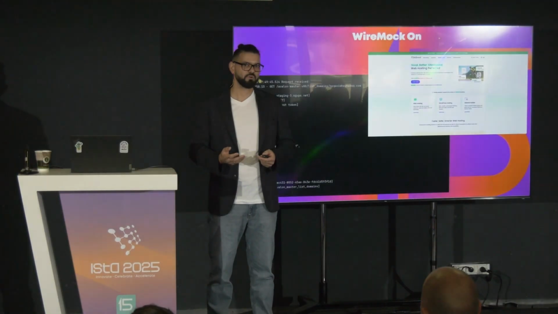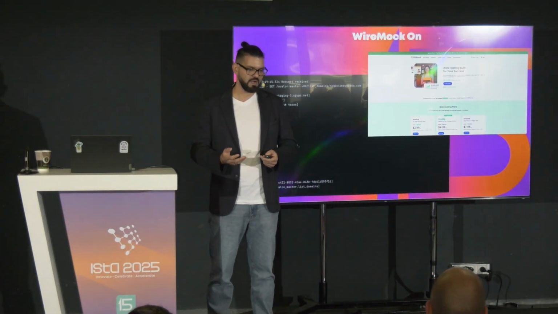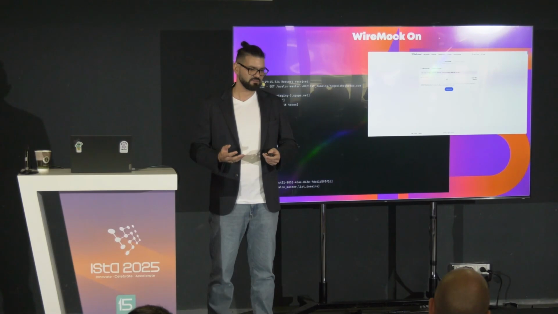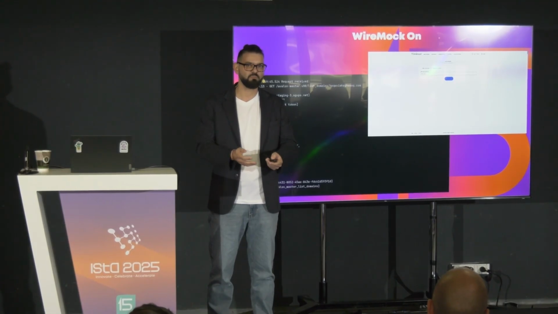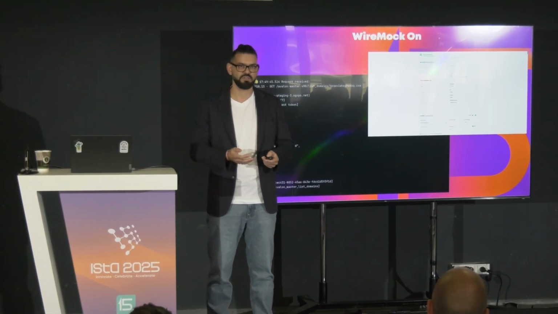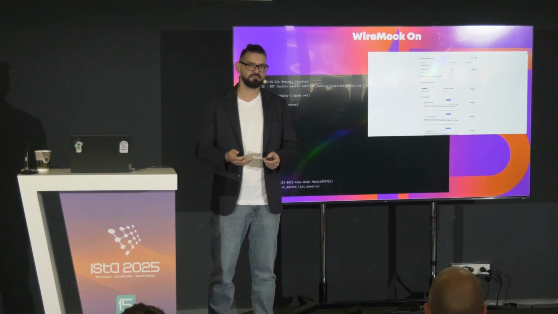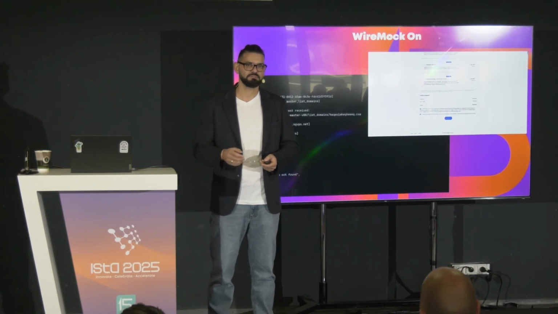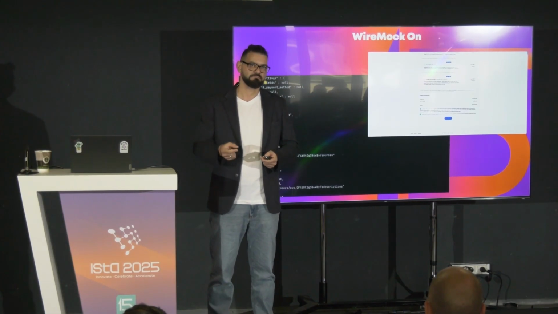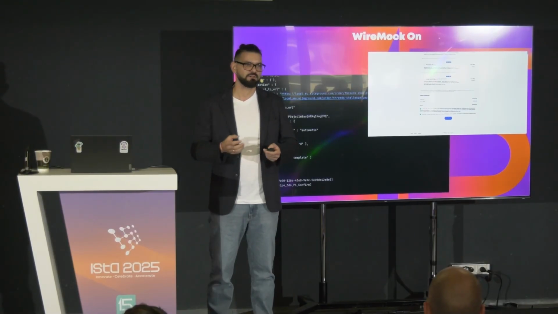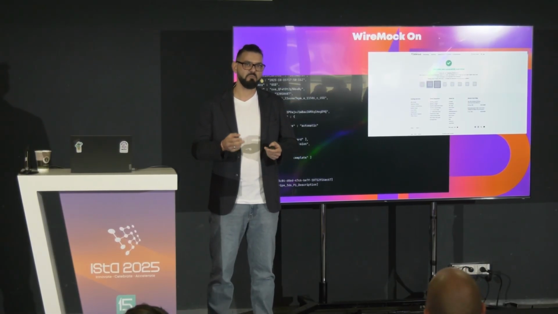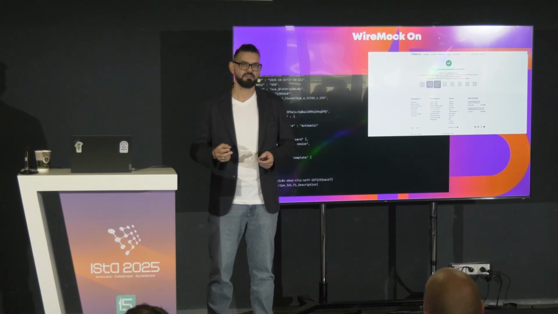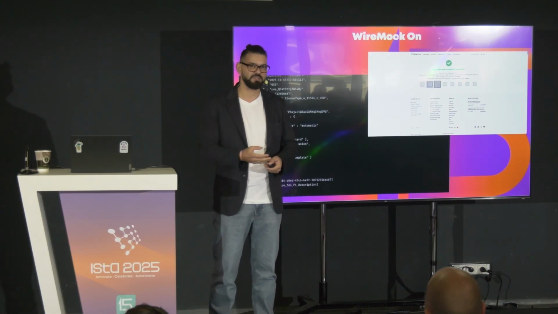So we have configured our systems so that all the payment requests go through WireMock. And WireMock compares them against the stubs that we have. And instead of forwarding the request to the real payment sandbox, WireMock returns the mock success API response back to the SiteGround application.